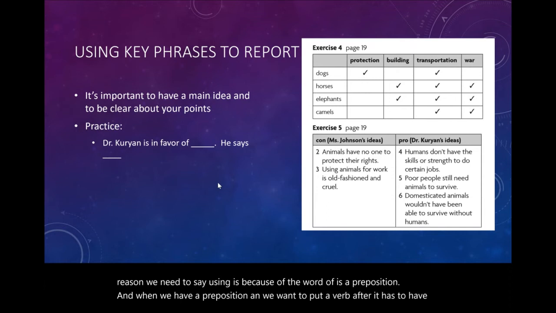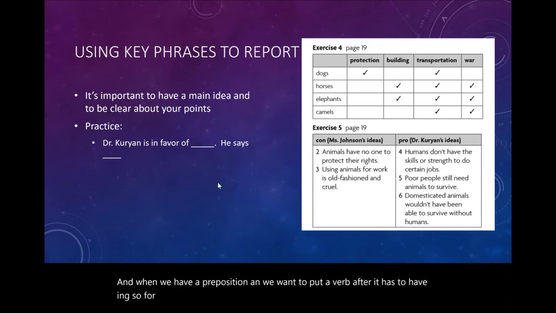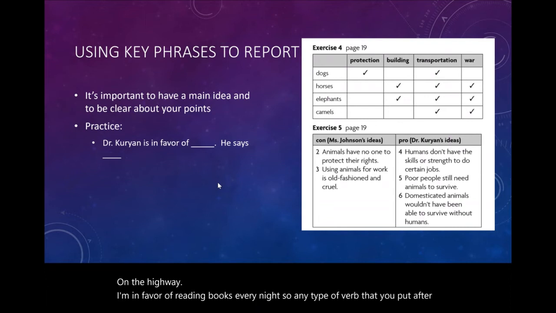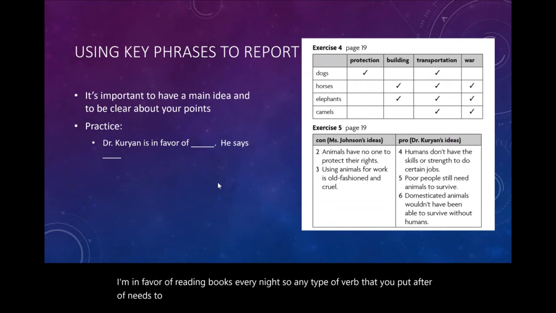So, for example, I'm in favor of eating pizza and watching a movie. I'm in favor of driving on the highway. I'm in favor of reading books every night. So any type of verb that you put after of needs to have ing.